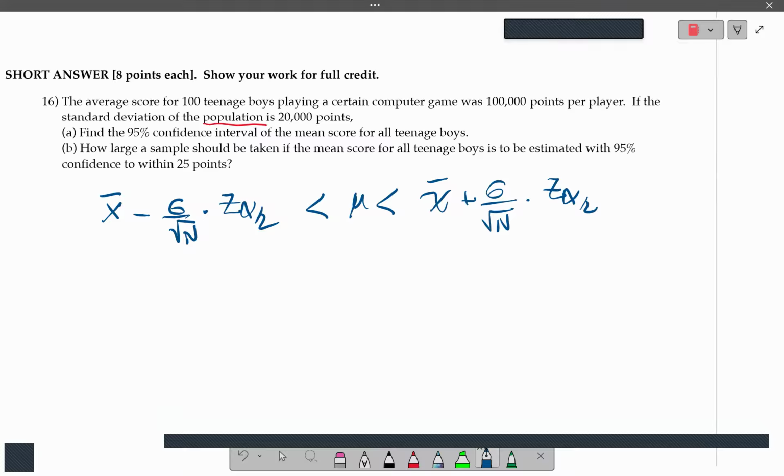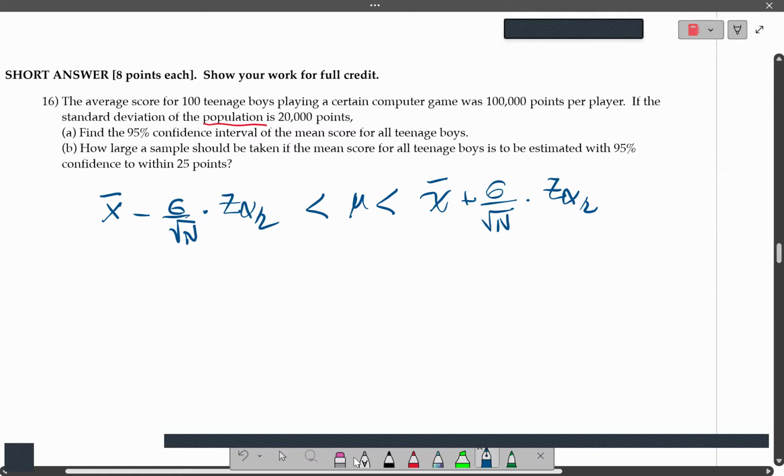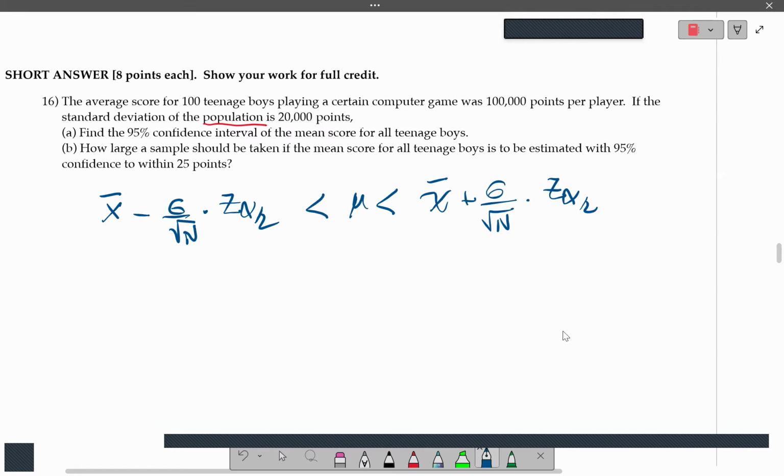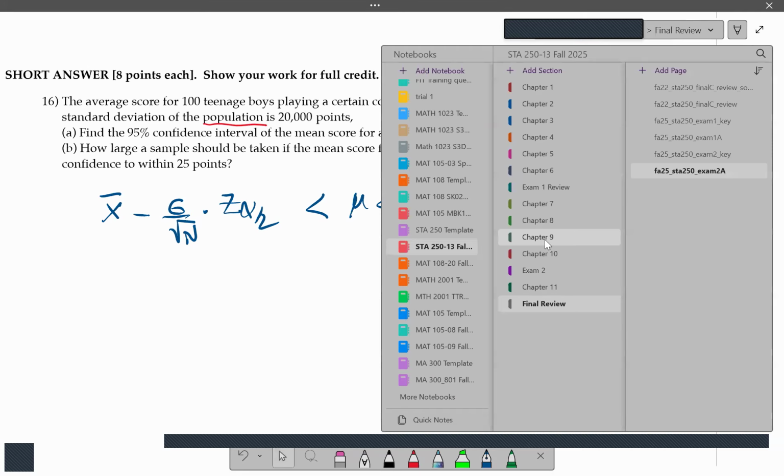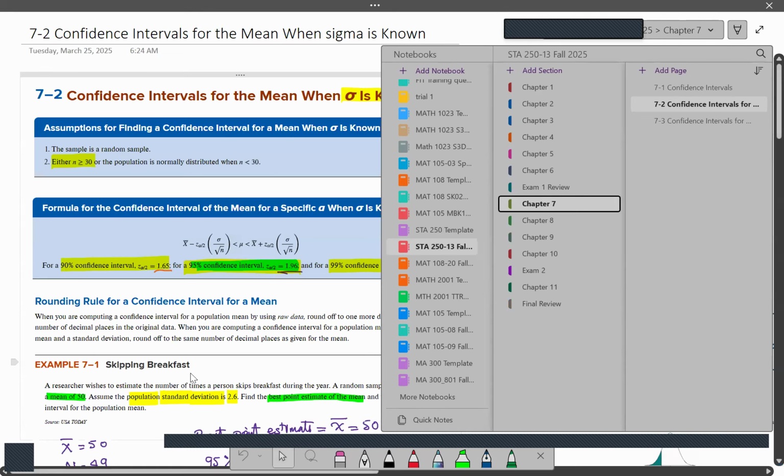I am hoping that everybody had the small table of the confidence interval. Do you know what I'm talking about? No? All right. I don't really remember, but let's say 7, maybe.